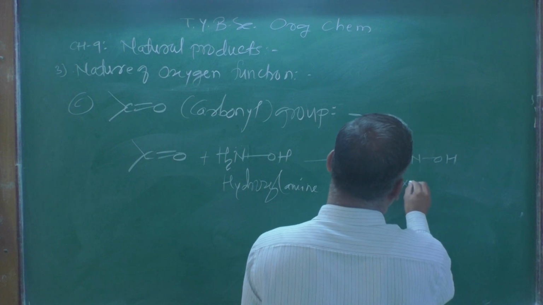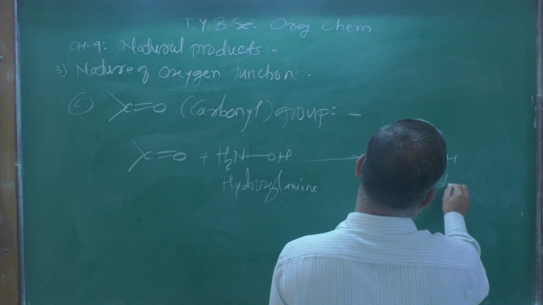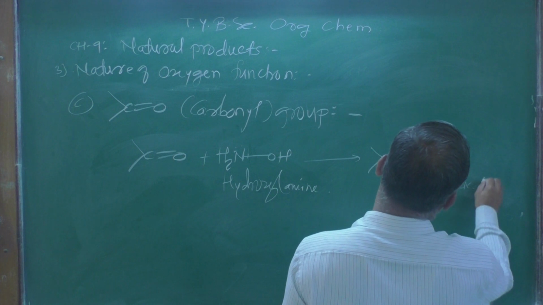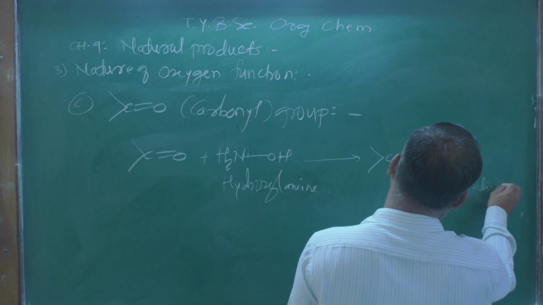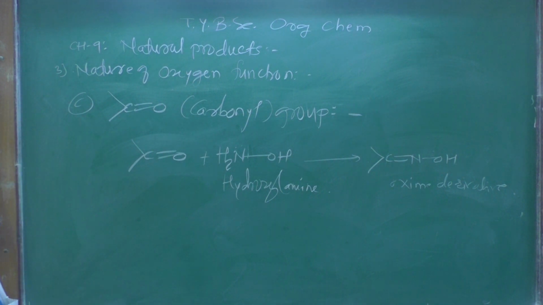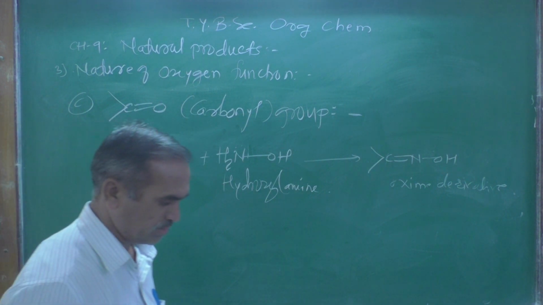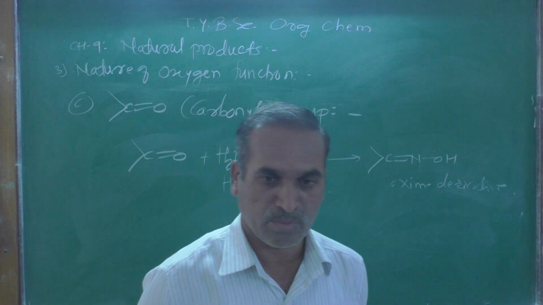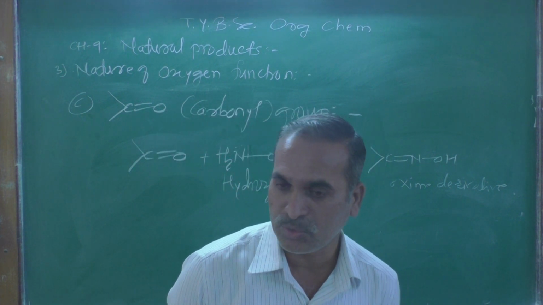This is called the oxime derivative, which is obtained as a white-colored derivative. But we cannot distinguish whether this carbonyl group is aldehydic or ketonic.